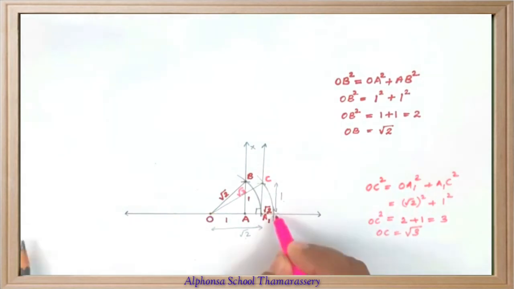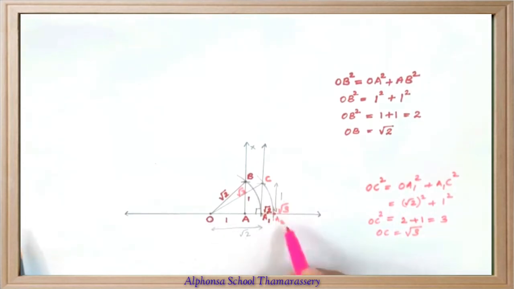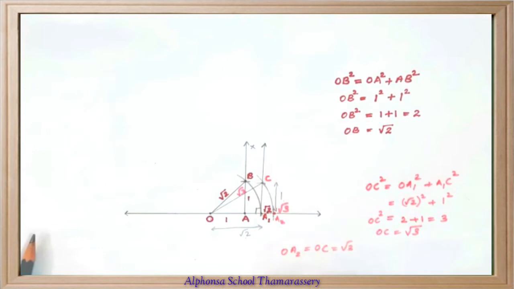That is representing root 3 because OA2 is equal to OC, that is equal to root 3, because they are the radii of the circle. Similarly, you can draw root 5, root 7. Like that you can draw some irrational numbers on the number line.